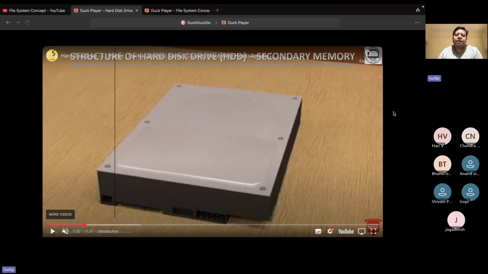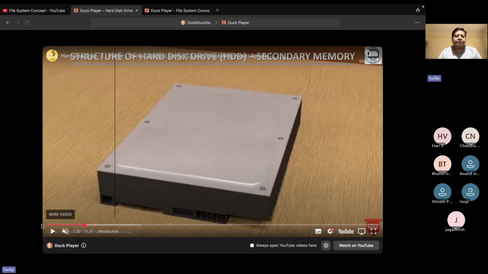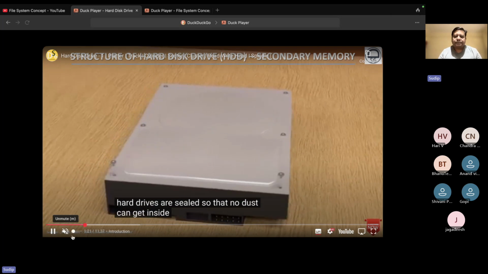Today we are going to see how that physical structure is broken down into logical structures, and how this logical structure is used by the file system to keep a journal or index of where exactly data is being stored on the storage medium. Okay, and in between, if you have any questions, please do interrupt, raise your hand and ask.